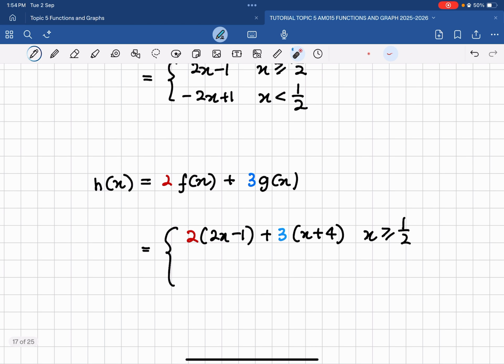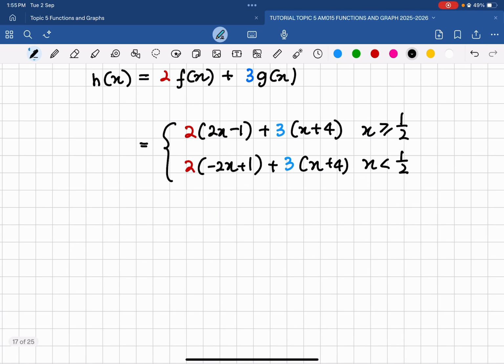And do the same thing for x less than 1 over 2: 2 times (negative 2x plus 1) plus 3 times (x plus 4) for x less than 1 over 2.